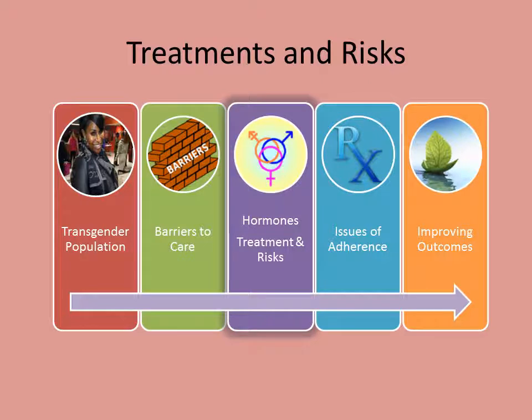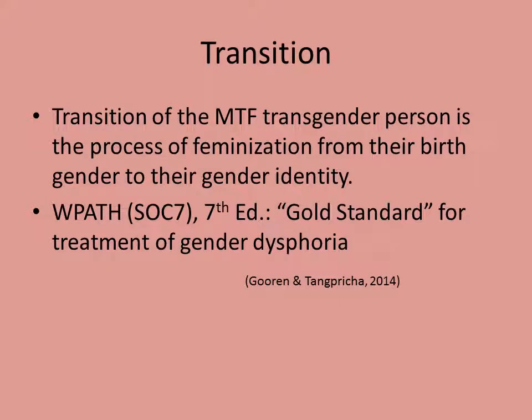Treatment is very individual, and the following includes a brief discussion about possible treatment options for trans women and potential risks. Transition for trans women is the process of feminization through body modification surgery or hormone therapy. The World Professional Association for Transgender Health, WPATH, is an international multi-professional organization that has published standards of care for gender nonconforming people.